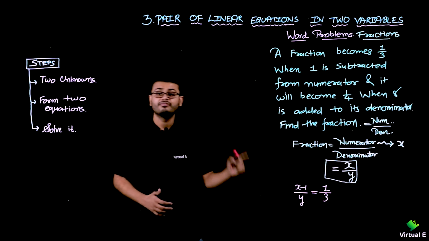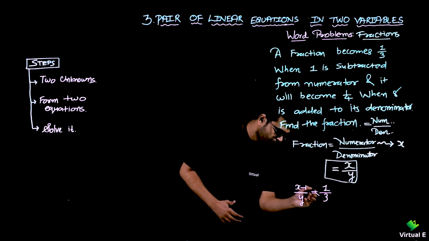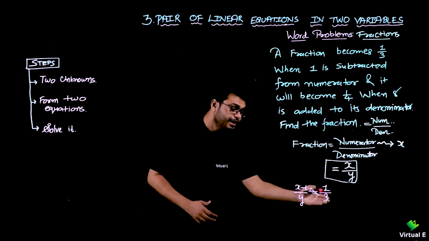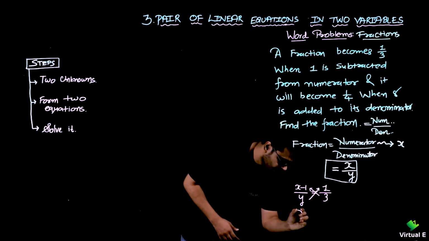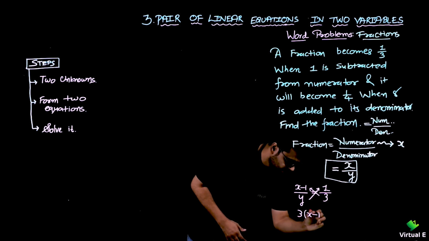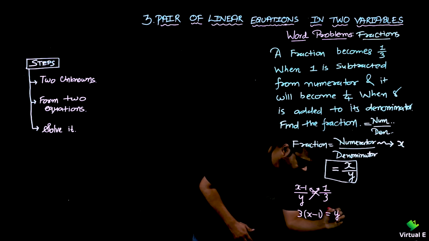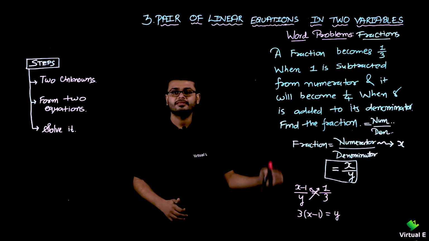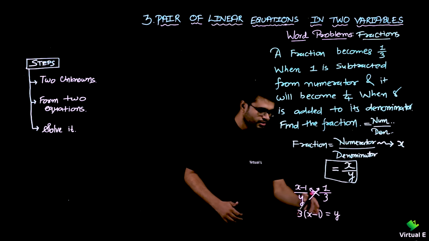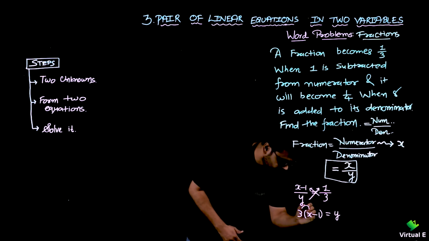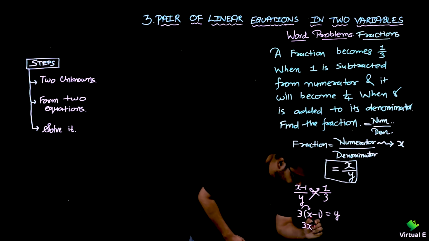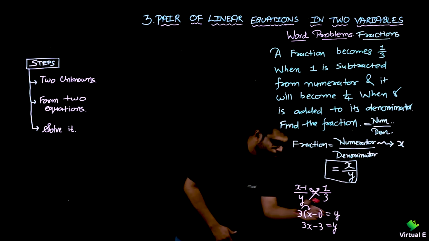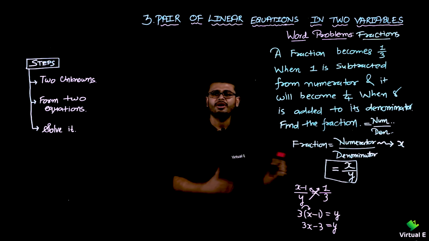So this is my first equation. I'm going to multiply 3 here and y over here. So 3 into x minus 1 is equal to y. I'm going to multiply 3 with each term one by one. So 3x, and 3 multiplied with 1 is 3, and y as it is. Now I want to shift all the variables to the left hand side.